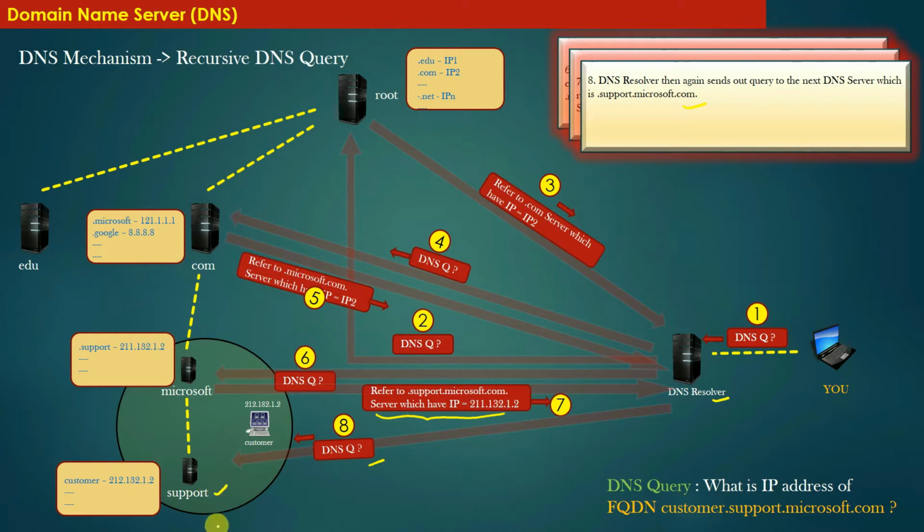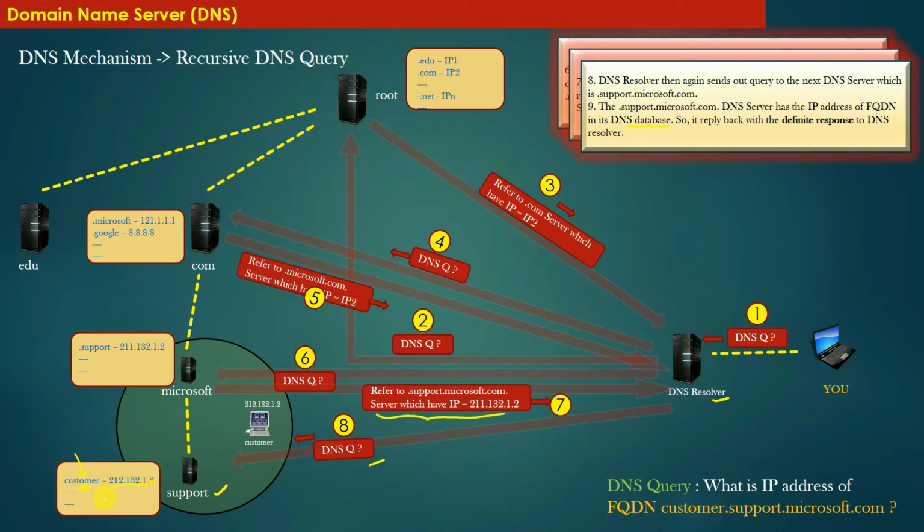So you can see in step 8, the DNS resolver has sent out the same DNS query to the support DNS server. Now here something different happens. The .support.microsoft.com DNS server has the IP address of the FQDN in its DNS database. So you can see that it has the IP address of the FQDN. You should read this entry as customer.support.microsoft.com.